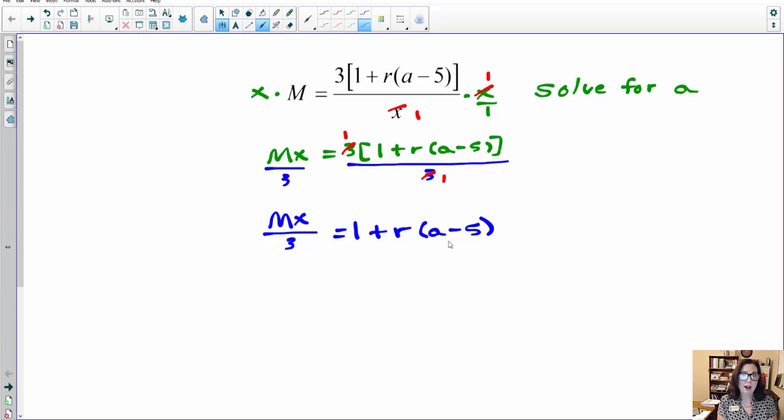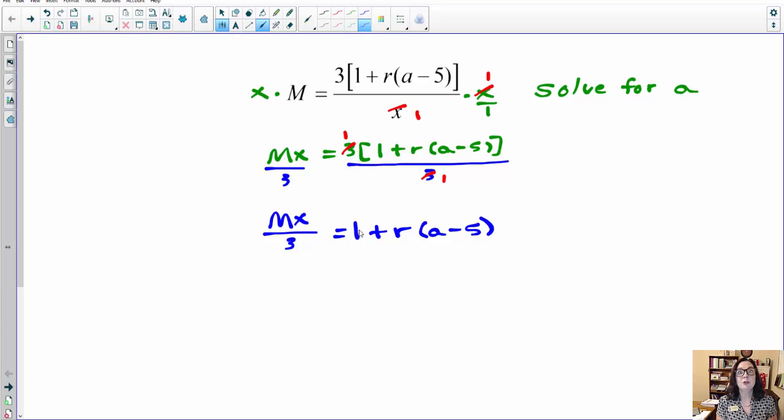Again, a couple of different options for steps at this point. I could distribute my r, or, I'm working my way towards this, but I see I have this 1 here. Alright, that's a positive 1, and this is an addition situation. To undo that, the inverse operation is subtracting 1. I hate to use the term get rid of, but in a sense we are.